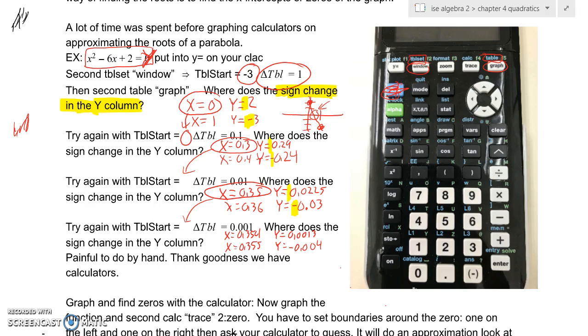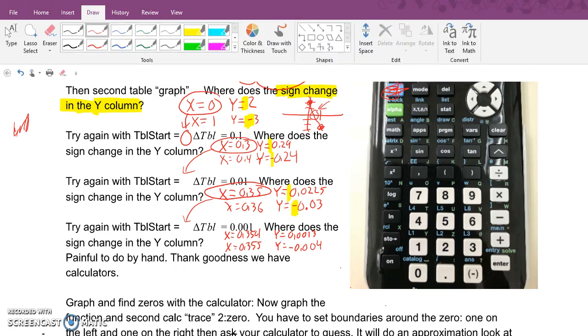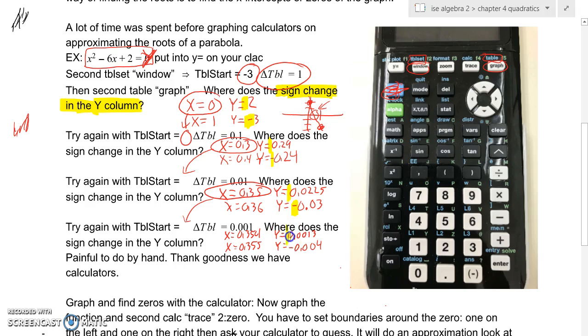So we find our x and our y values where our sign changes from the positive to the negative. And we say, okay, we're not going to do another one. We're going to say this is as close of an approximation as I want.